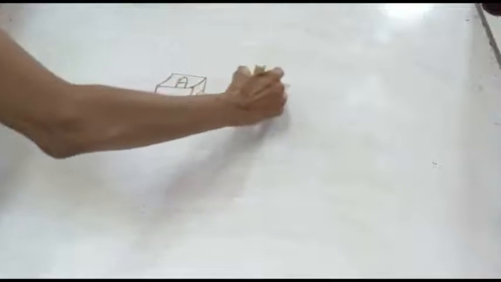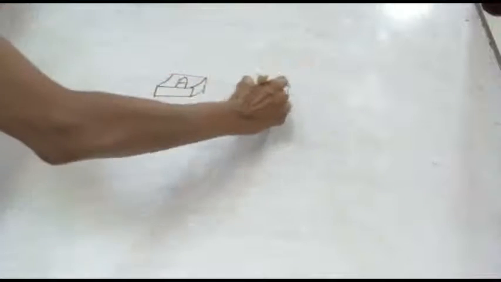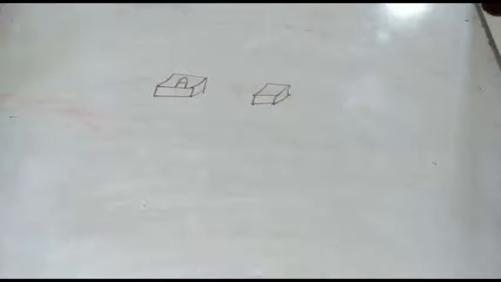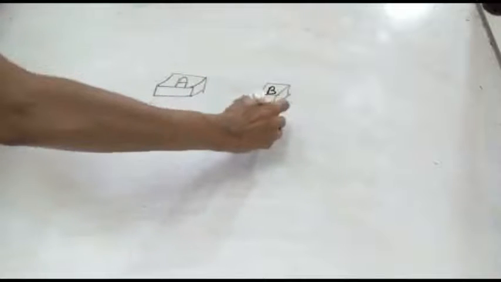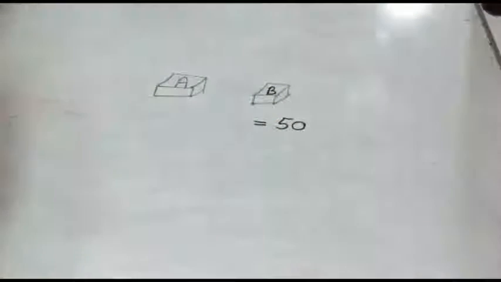There are 2 parcels. We name them A and B. The sum of the masses of these parcels is 50 kilograms.